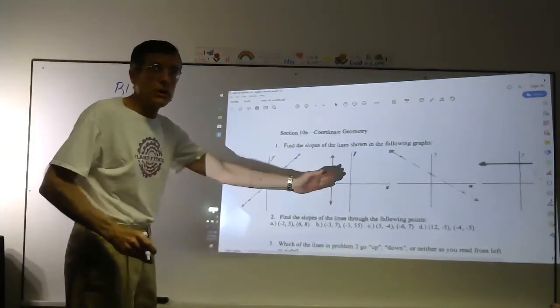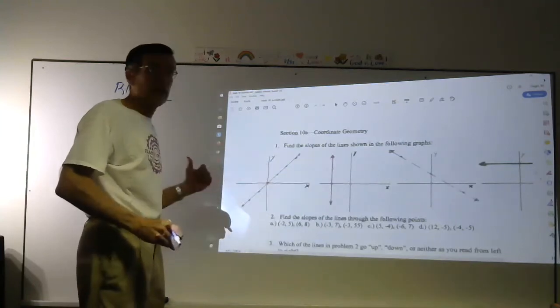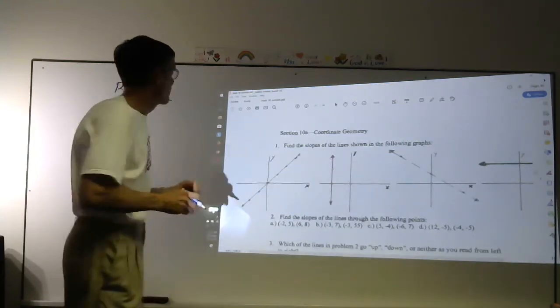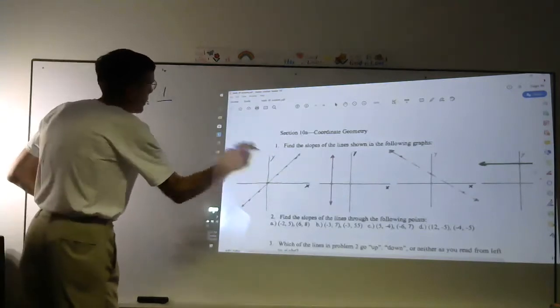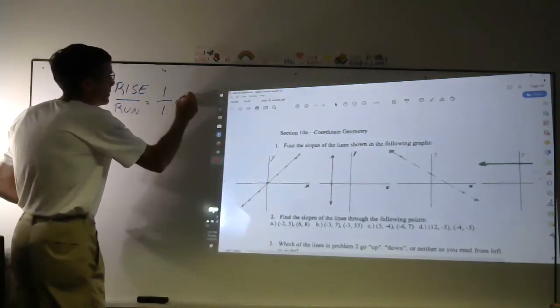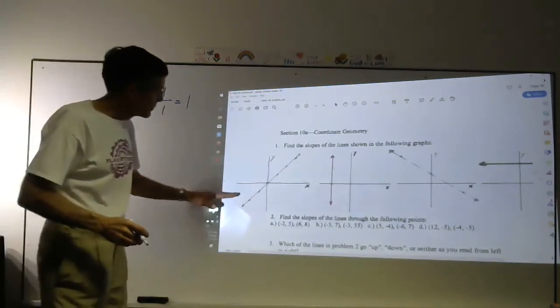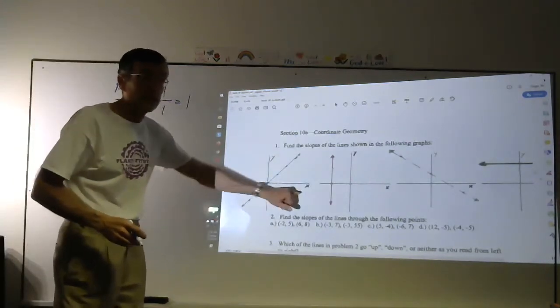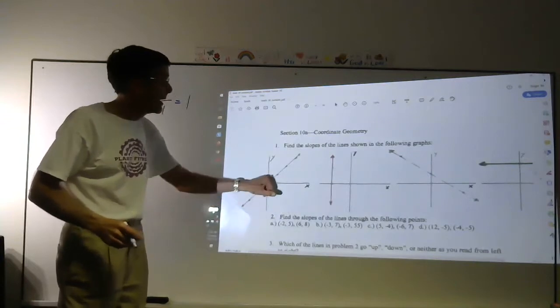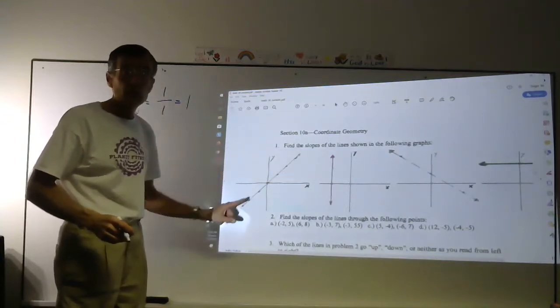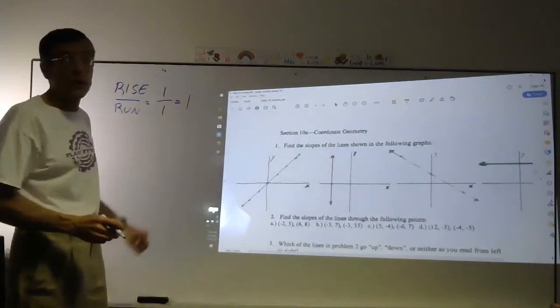Going to the right is a positive direction, going to the left is negative, just like your numbers. Okay? So this is up one and over one, which is just a slope of one. Notice also as you read from left to right, you see how this line goes up? It goes up in a positive direction.